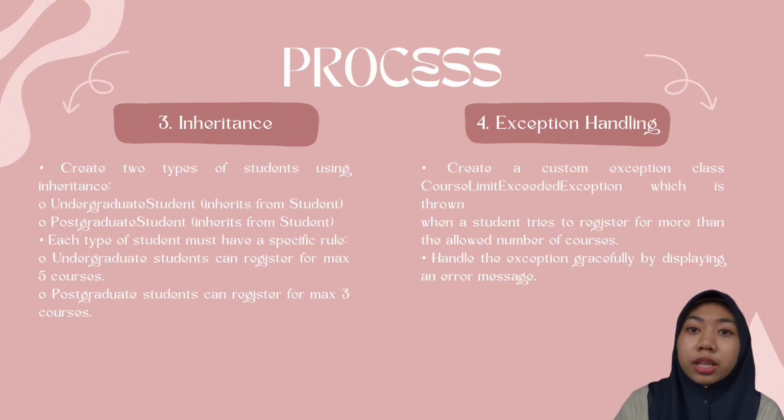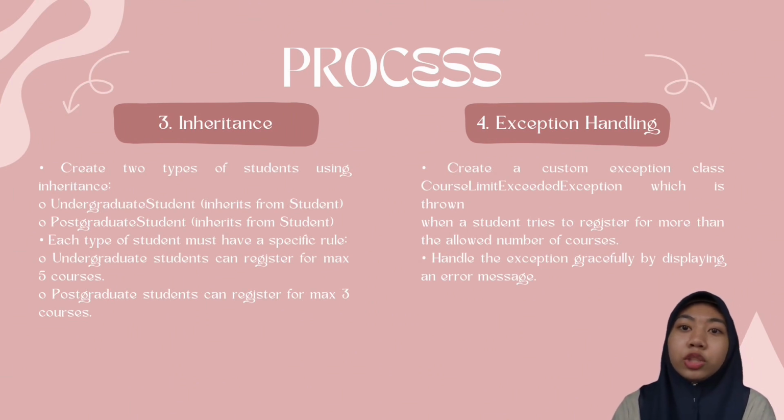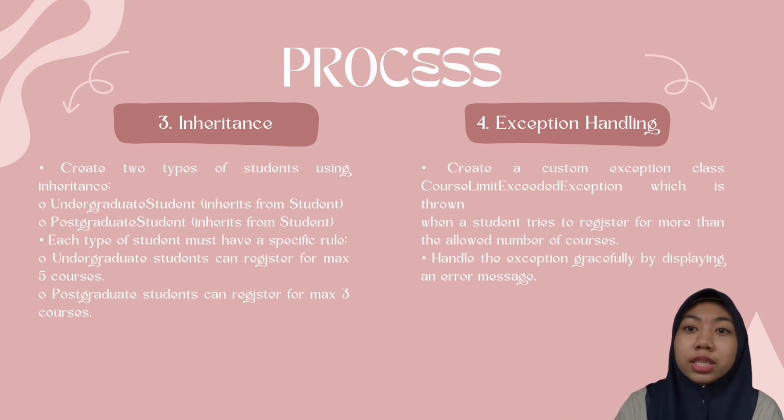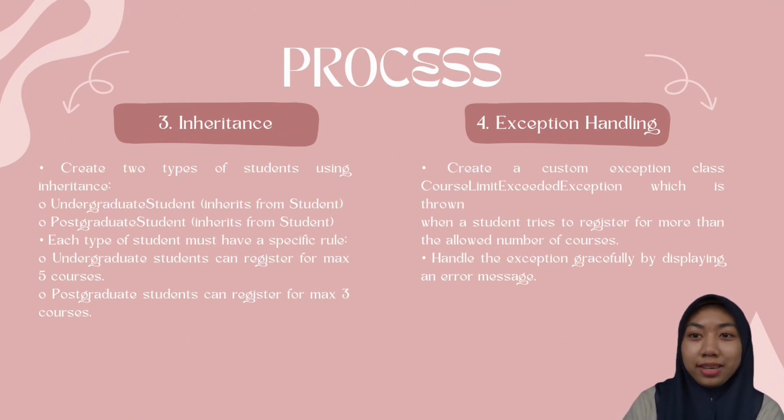To make this possible, we create a custom exception class called CourseLimitExceedException. This exception is thrown inside the add course method and caught in the main program using a try-catch block. This ensures that the system continues to run smoothly even when an error occurs. Next, I will pass to Azah to explain the next part.